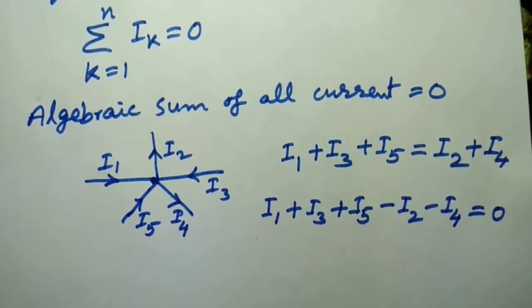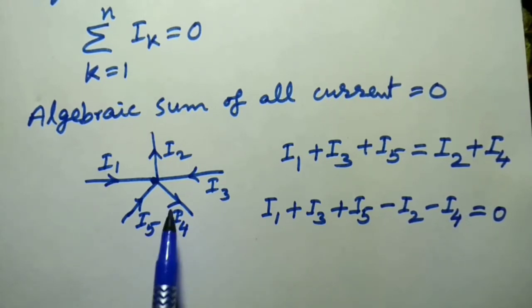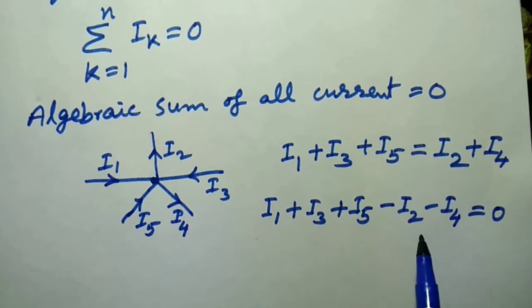That means the current entering the junction is taken as positive, like I1, I3 and I5, and the currents leaving the junction are taken as negative, like I2 and I4.